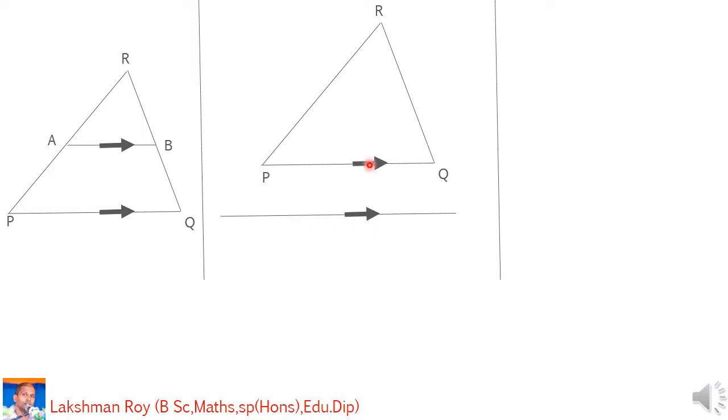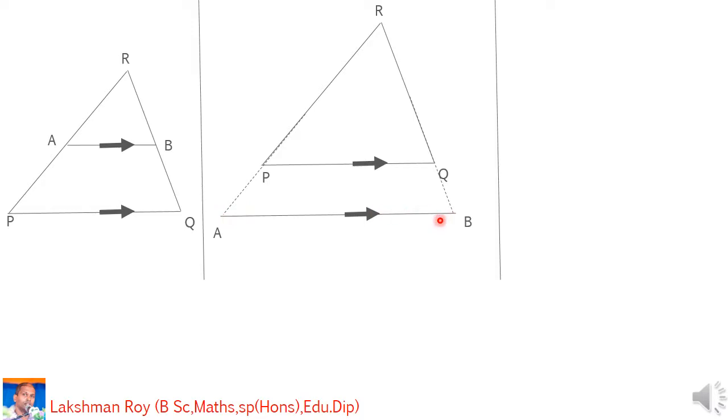This line is parallel to the PQ line, but this line has been drawn outside the triangle. So this is the AB line, parallel to the PQ side, but the line has been drawn outside the triangle. So if you produce this RQ side and RP side, you meet the A point and B point.